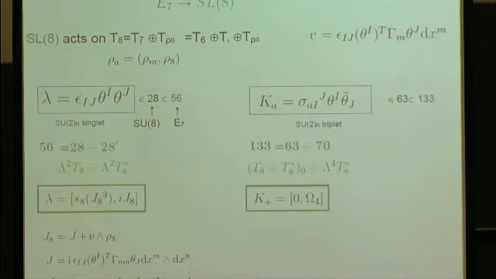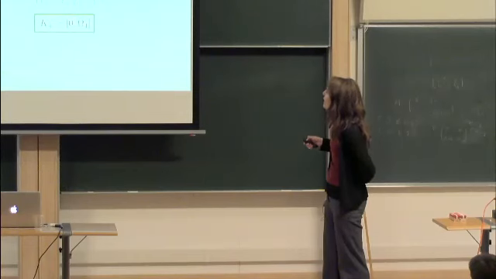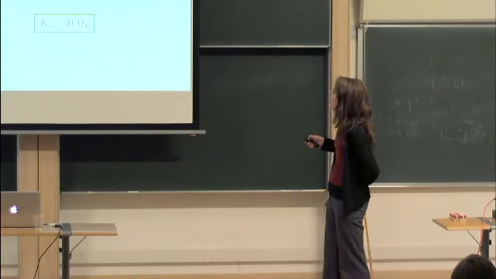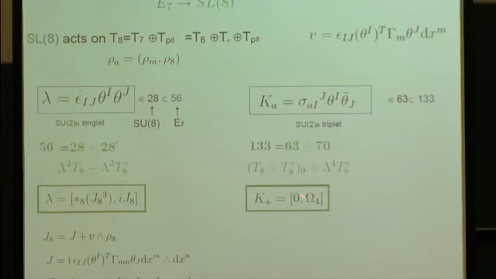Then if I look at what these forms are in terms of SL8 of this SU8 object, what I get is that it has nothing on the 63, and it has a 4 form here, which I can write as omega 4, and omega 4 is basically what you expect.